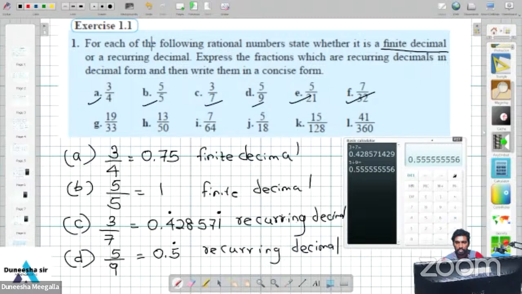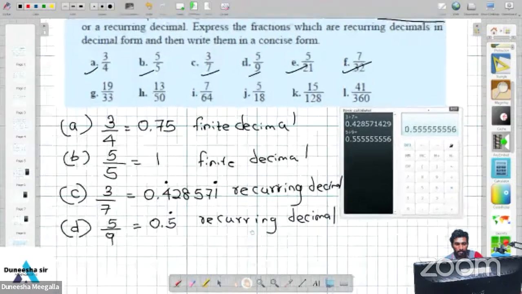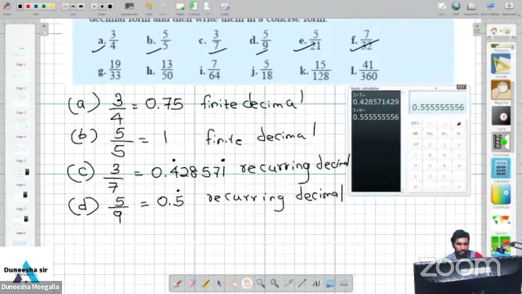Then can you get the answer for E? 5 divided by 21. 0.238095.